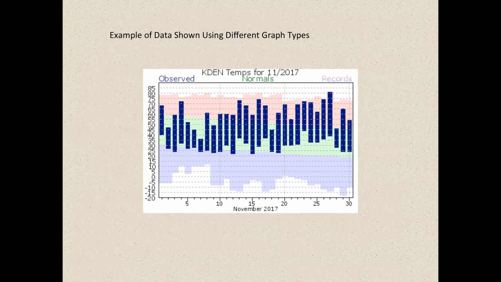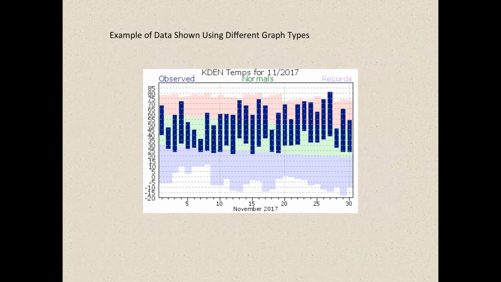And this is a type of column chart, but this has a lot of other information on here. For each day, the column represents the range of temperatures within that day.